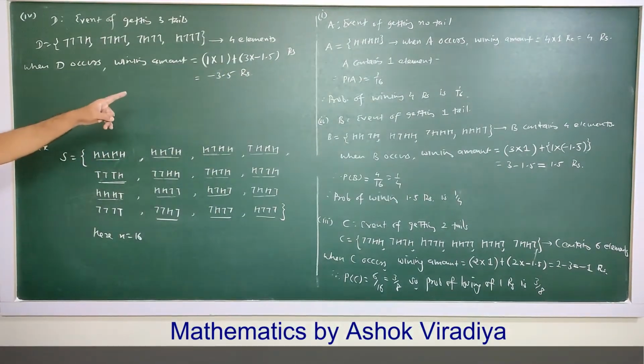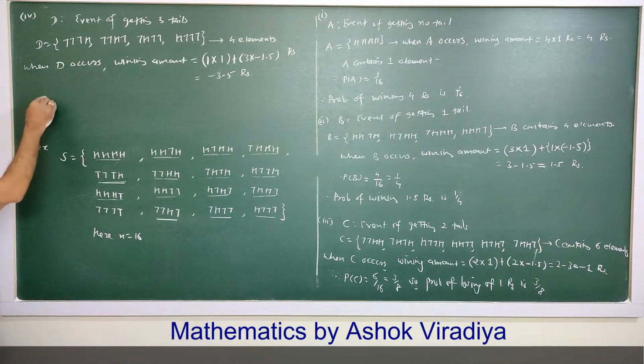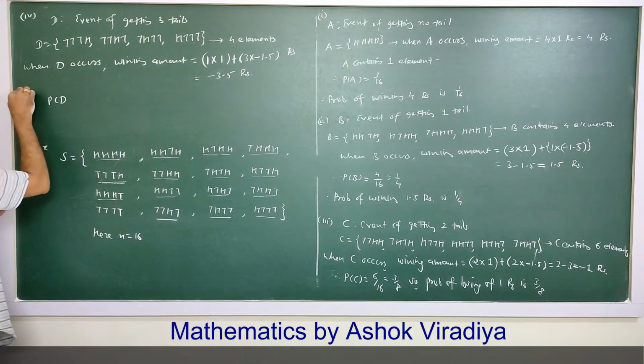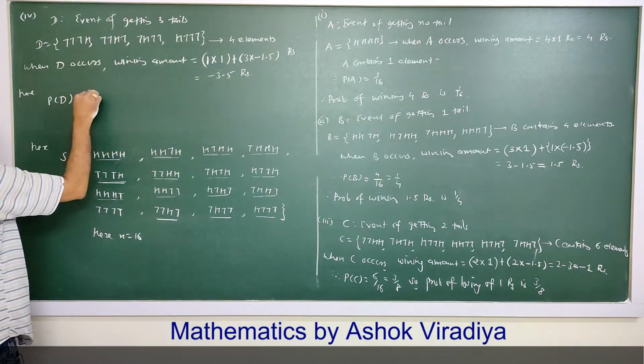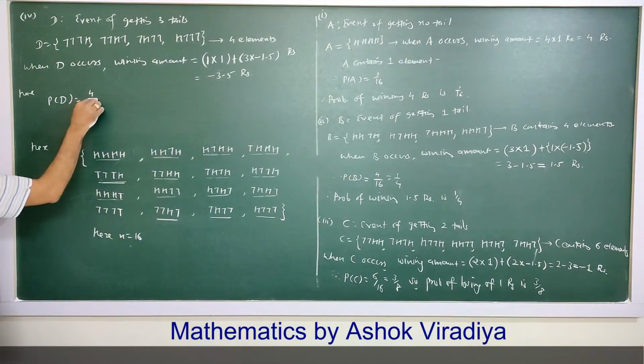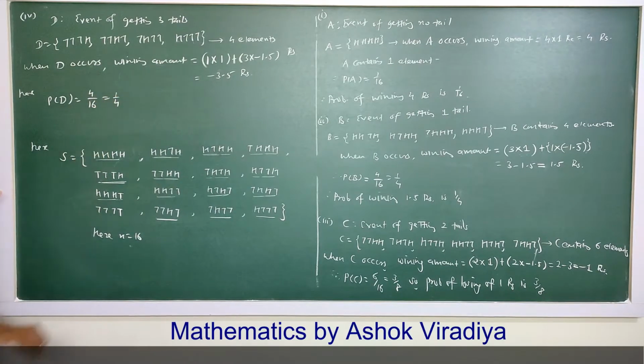So that is a loss. The probability of D: D contains 4 elements, total 16 elements. Probability of D is 1 by 4.